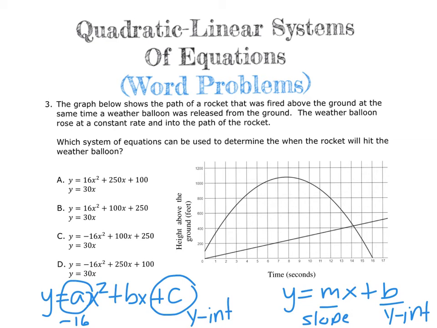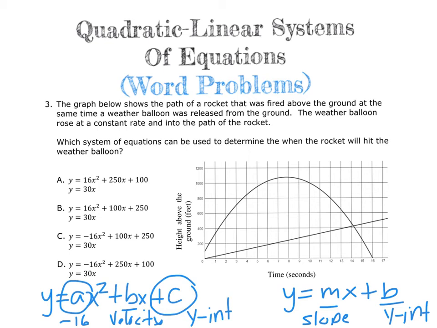Now the piece in the middle is about the initial velocity. You rarely have to worry about that. If you know a and you know c, you can identify the parabola. But if it comes down to it, b is the initial velocity of the rocket or whatever it is that you're throwing into the air that's going to fall down eventually.